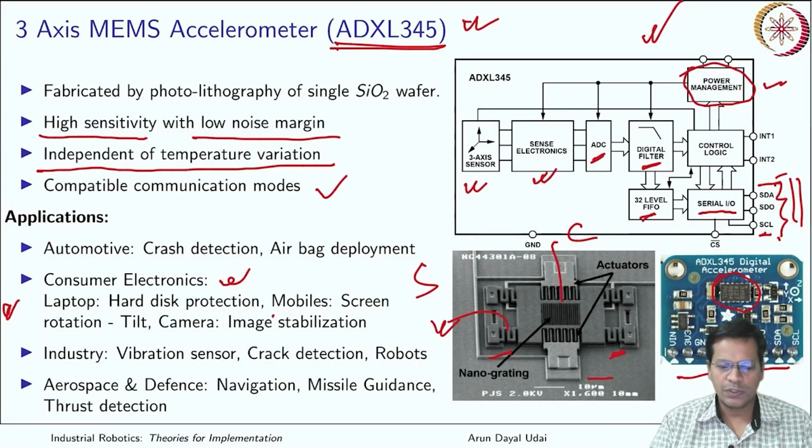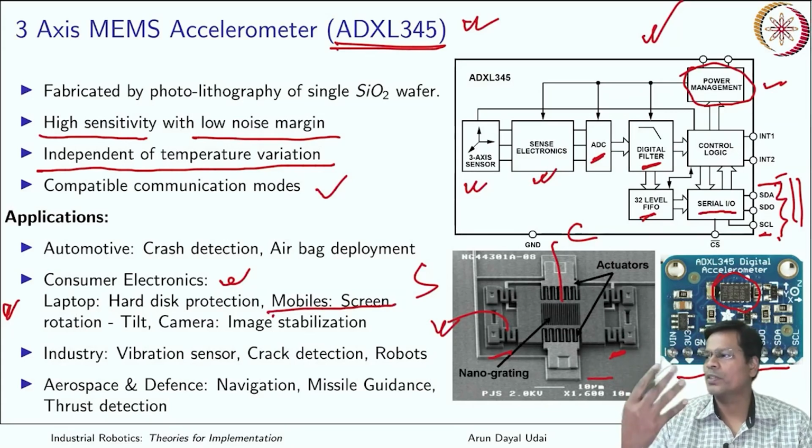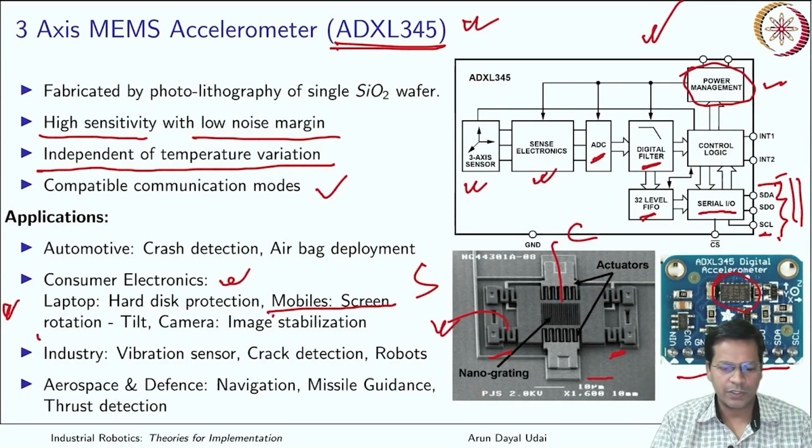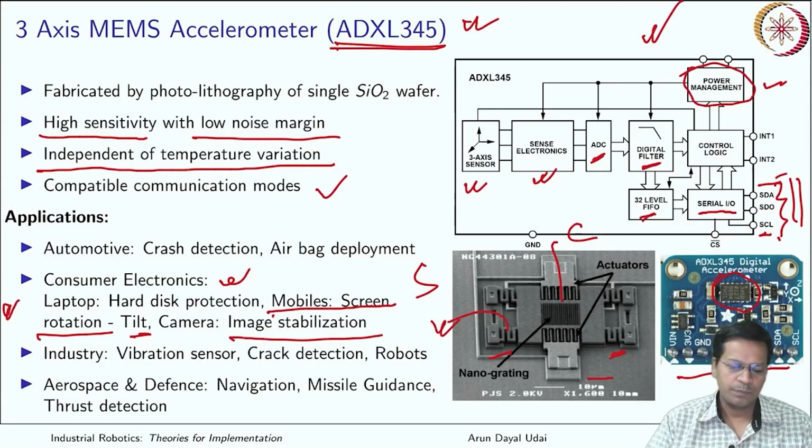In mobile phones, you have screen rotation, that automatically when you rotate your screen, your text is always made straight so that you can view it properly. That mechanism works based on the tilt sensor which is inside, right? Camera image stabilization also works taking input from this.